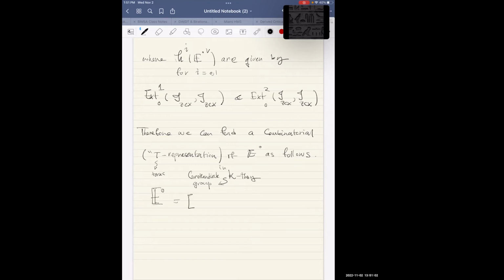So it's the class in K theory of its first non-vanishing cohomology minus its second non-vanishing cohomology.